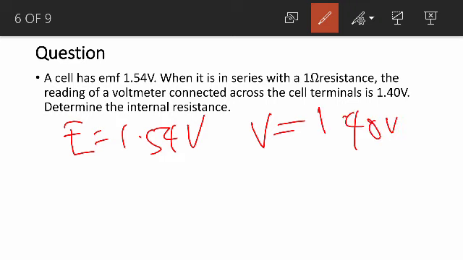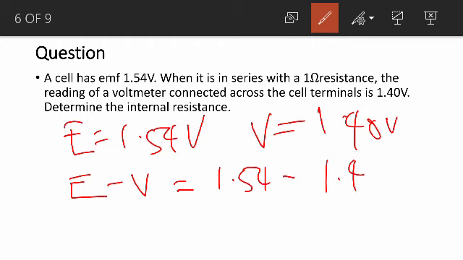Okay, so in this case here, we can find the value for the internal resistance. So how do we find the value for the internal resistance? You can find your E minus V, which is equal to 1.54 minus 1.40.